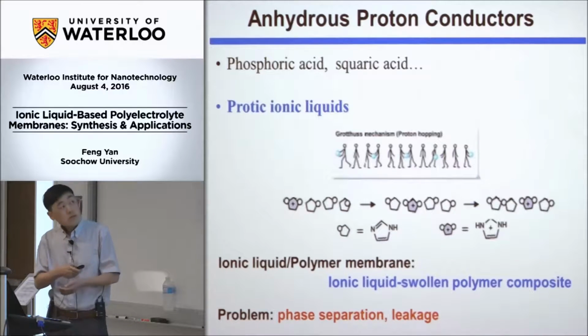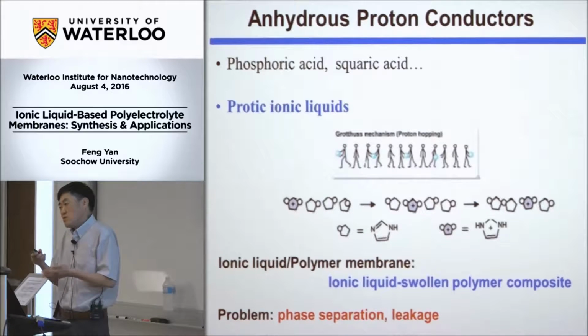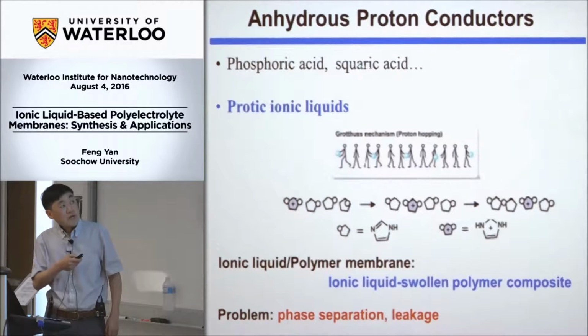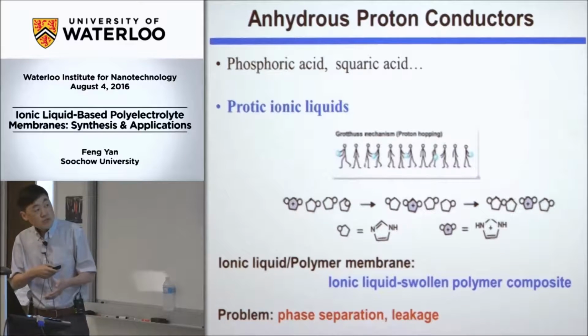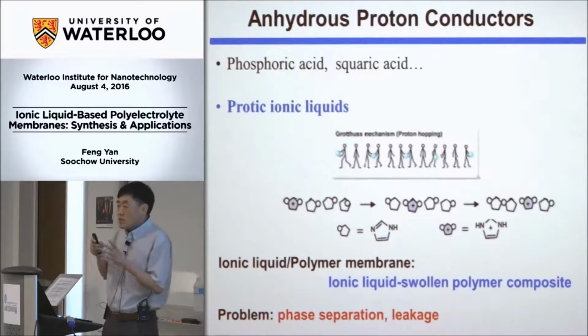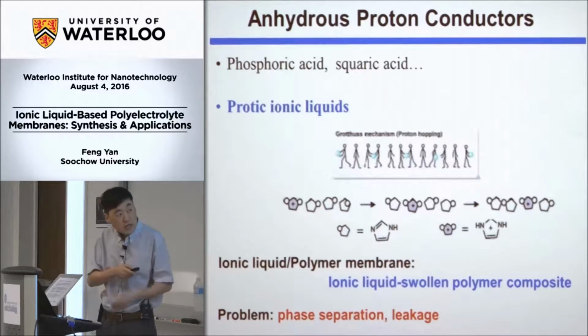But this kind of acid is corrosive, so it's dangerous to fuel cells, and therefore protic ionic liquid, which can also transfer the protons, can also be used to prepare the ionic liquid-based membranes. In general, people just swell the polymer membranes and then dip the swollen membrane into the ionic liquid to absorb the ionic liquid, and they can get the ionic liquid-based membranes.